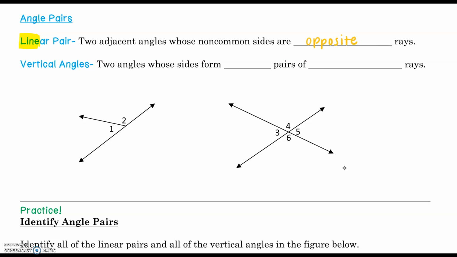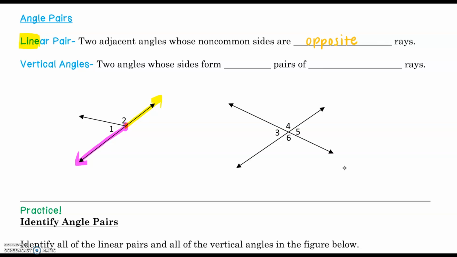So if we take a look at this first example here with angles 1 and 2, right? They're non-common sides. So they don't share this side of the angle and they don't share this side of the angle. Our two non-common sides form opposite rays, right? They have the same starting point and they go off in exact opposite directions, forming a line, right?